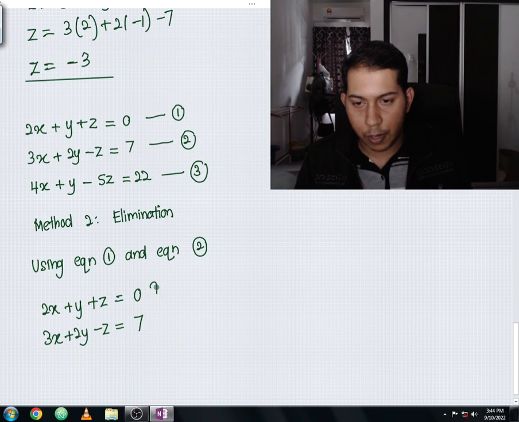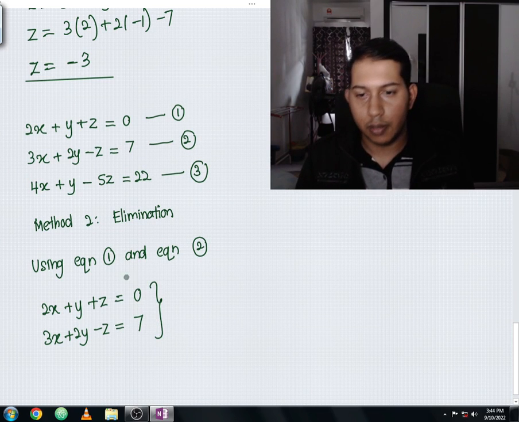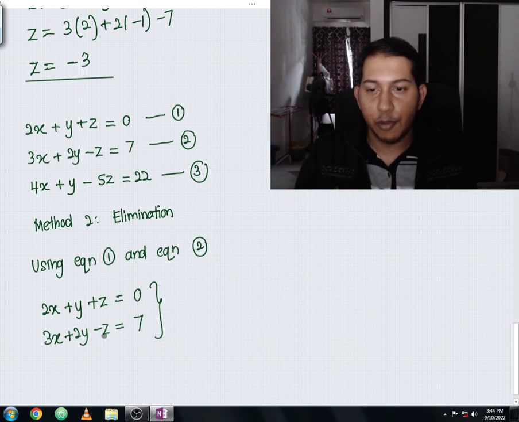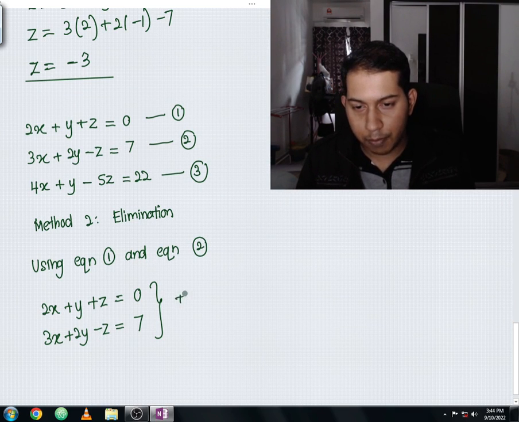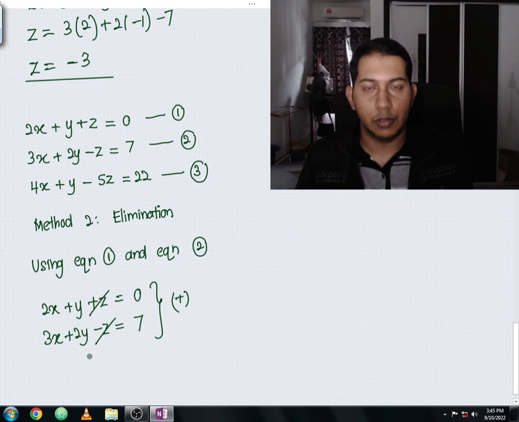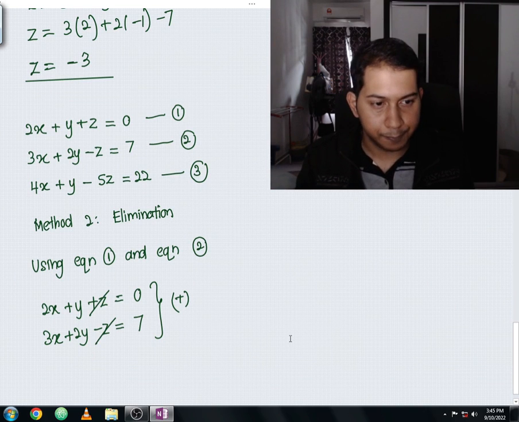Like I've mentioned, we are going to eliminate the z variable. So how do we make sure that the z variable is completely removed? These 2 equations we need to add together. So z plus negative z gives 0. Your z variable is gone.